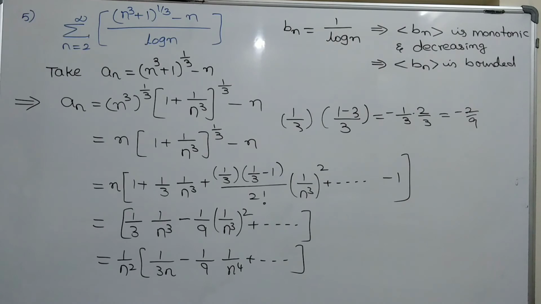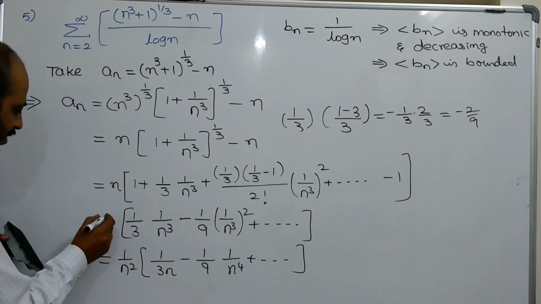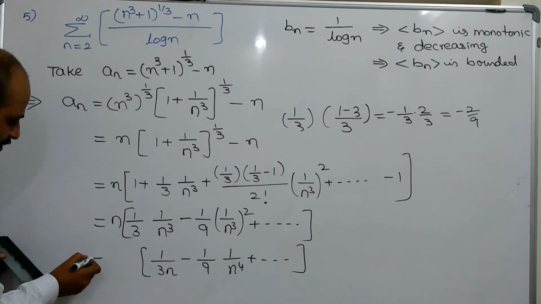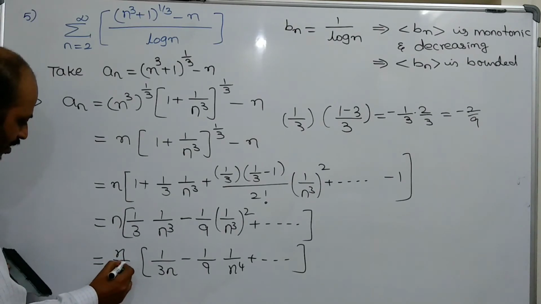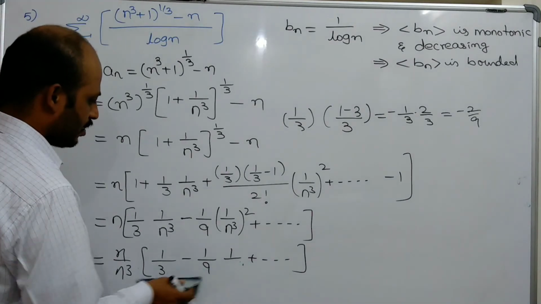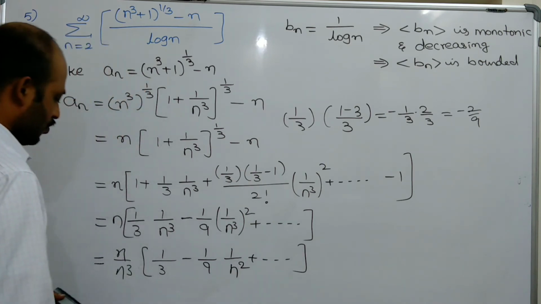You observe that actually, by making 1 by n cube common, here it is n term, so it is n by n cube. Here it is 1 by n square and so on.